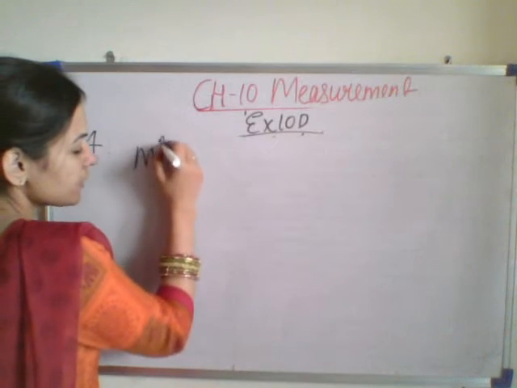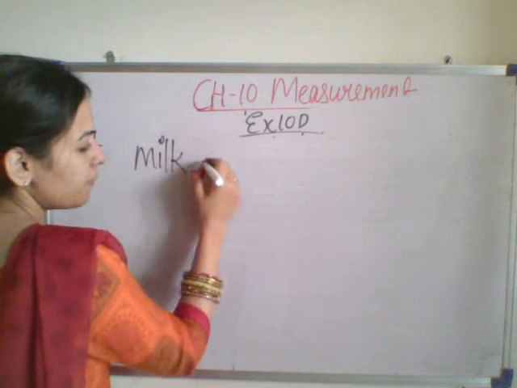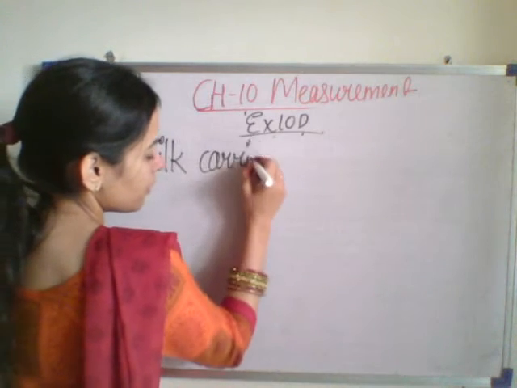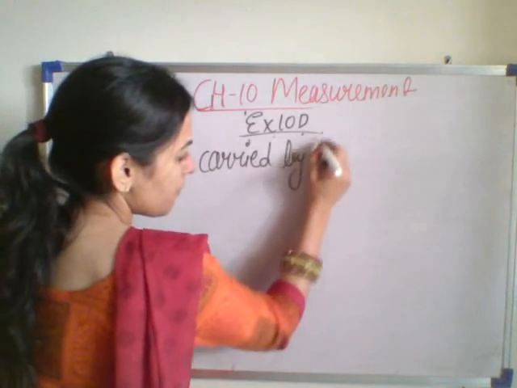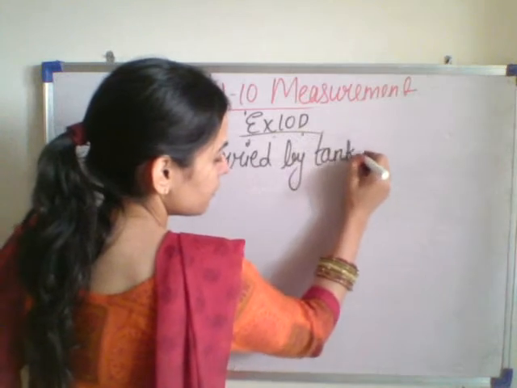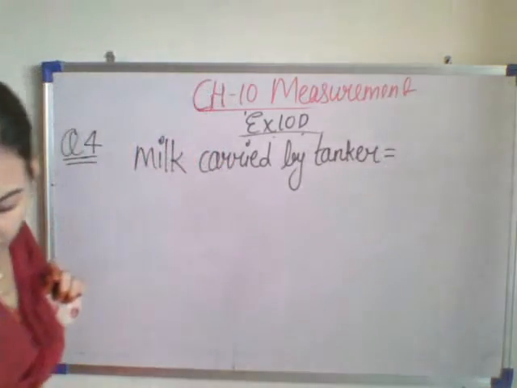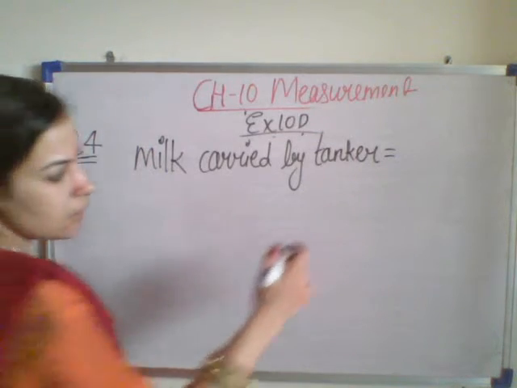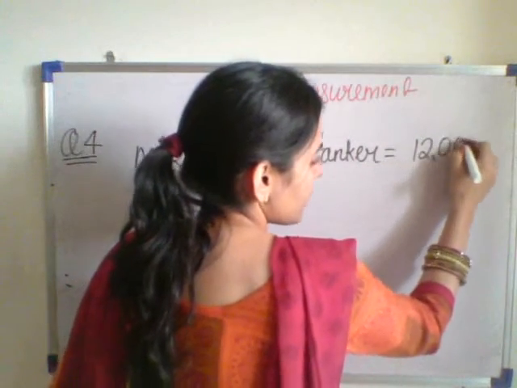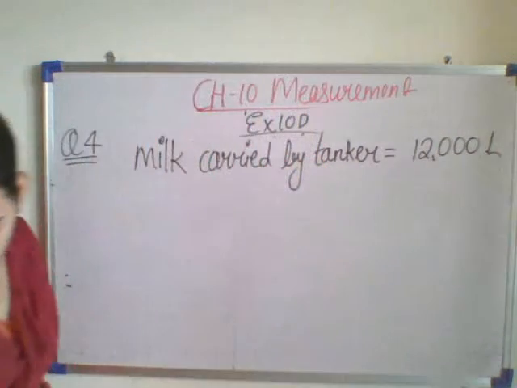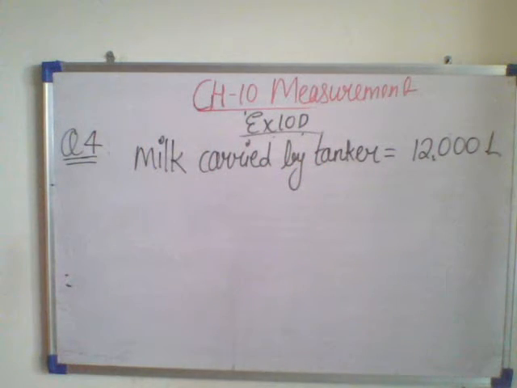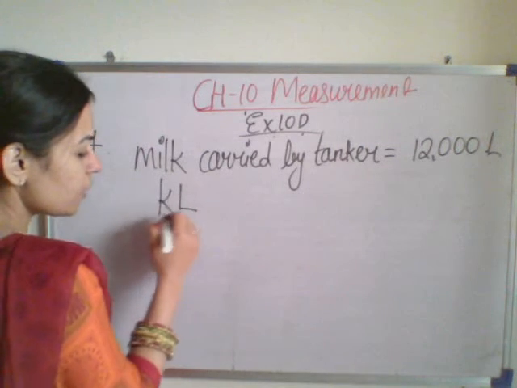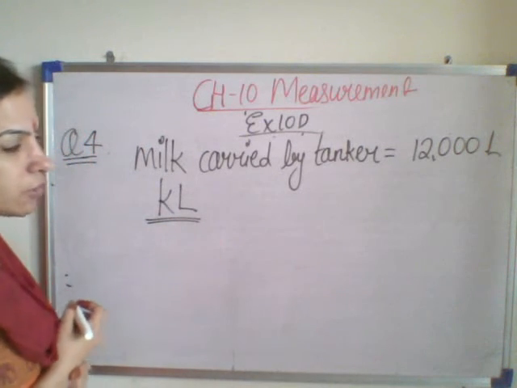How much milk does the tanker carry? 12,000 liters of milk a tanker carries, which we have to find in kiloliters.